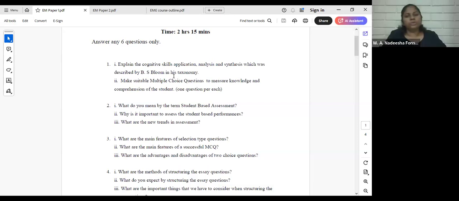So how do you explain application, analysis, synthesis? By B.S. Bloom, those are higher order cognitive skills. Use a normal example, with your subjects.